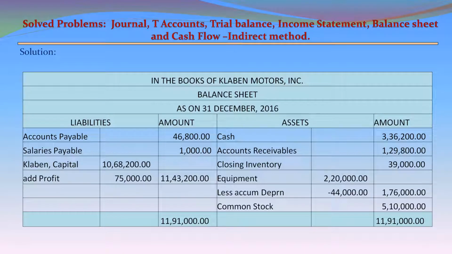In the books of Kleban Motors Inc., balance sheet as on 31st December 2016, liabilities amount, assets and amount. On the asset side, cash 336,200, accounts receivable 129,800, closing inventory 39,000, equipment costing 220,000, less accumulated depreciation 44,000, net cost of equipment comes to 176,000, common stock 510,000, total assets comes to $1,191,000.